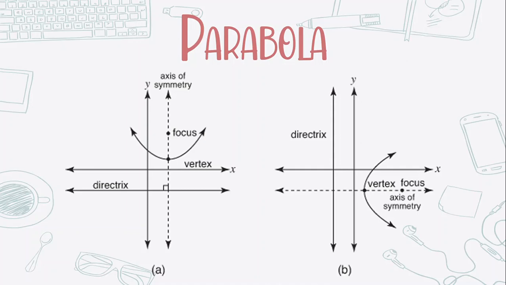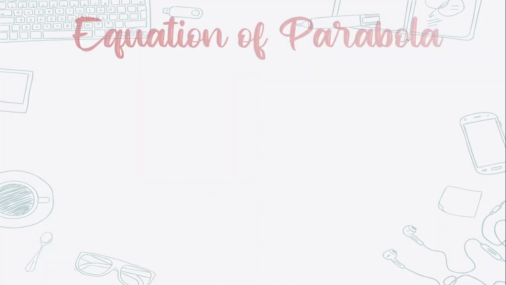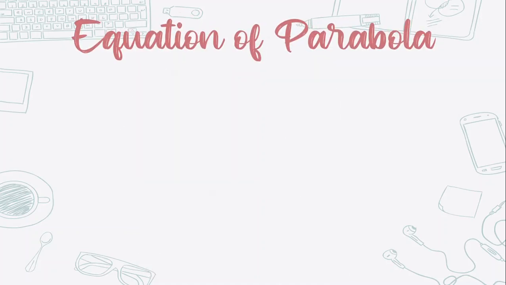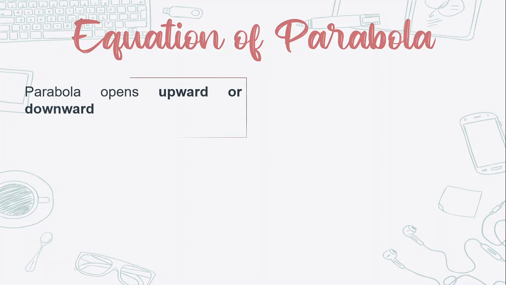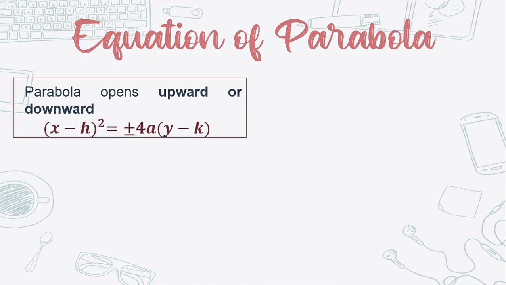Now, here are the equations of a parabola. The first equation is if our parabola opens upward or downward. Our equation will be x minus h squared is equal to positive or negative 4a times y minus k.